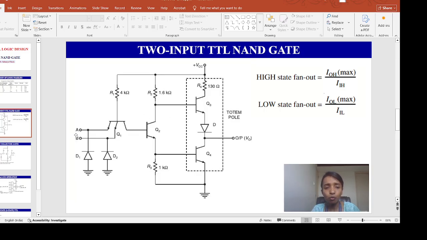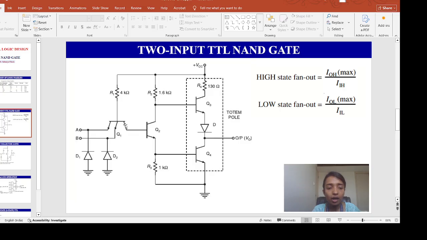So now, when both these inputs A and B are high, that means 5 volt, what will happen then? The base emitter junction of this Q1 will be reverse biased, so no current flows to the emitter of Q1, but the collector base junction of Q1 is forward biased.